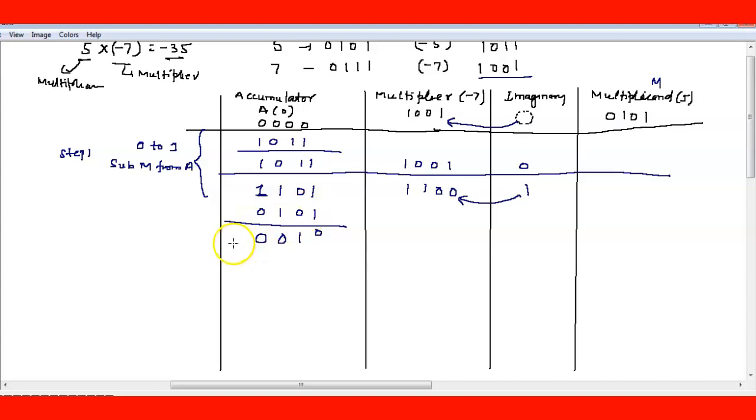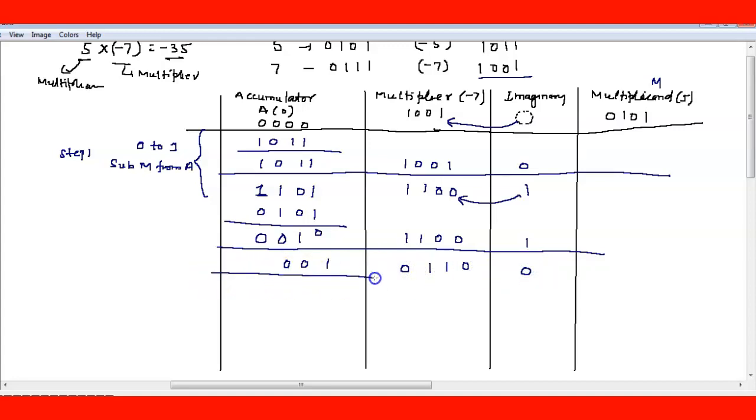So we get 0 0 1 0 here, and the previous term stays as it is. Now you do the right shift. So we can write here 0 0 1 0 1 1 0 0. So step 2 is over.